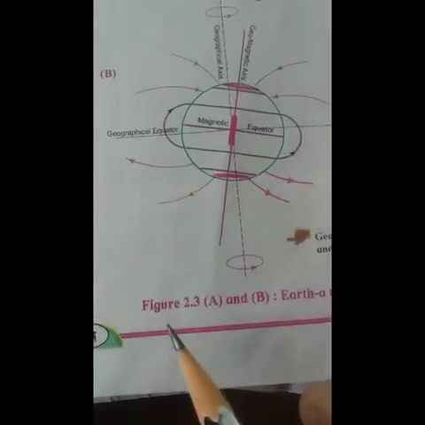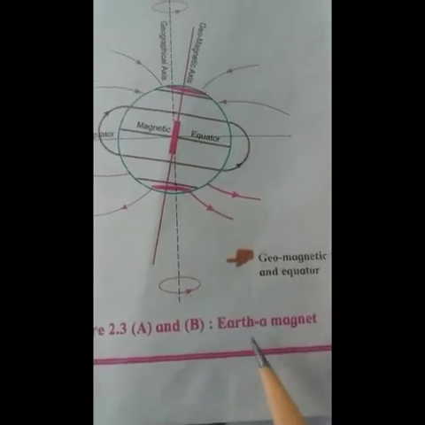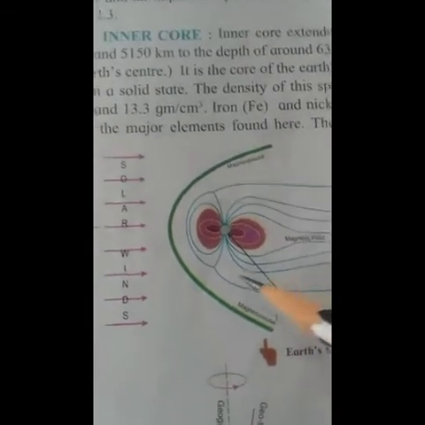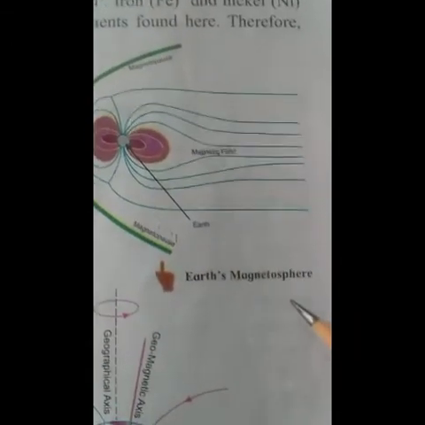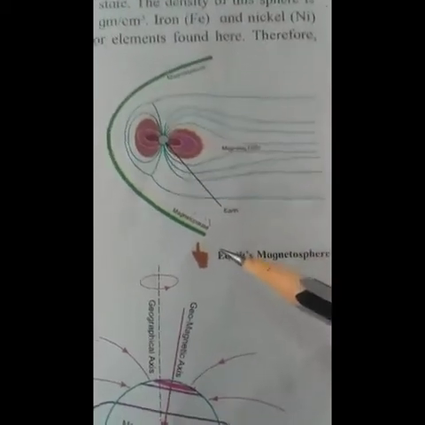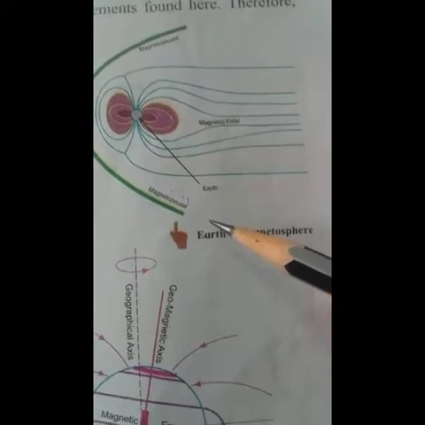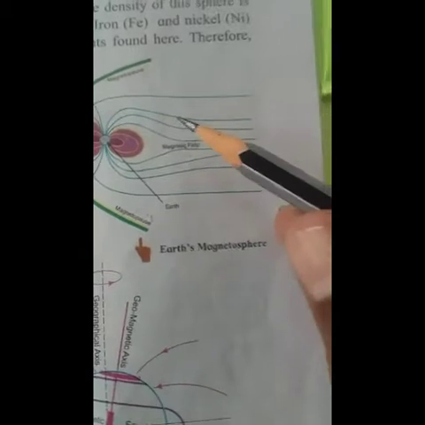And now look at figure number 2.3a and b, Earth, a magnet. First, we will discuss figure number 2.3a, Earth's magnetosphere. We have learned that the outer core of the Earth's interior is in liquid state and the proportion of iron is more in this layer.